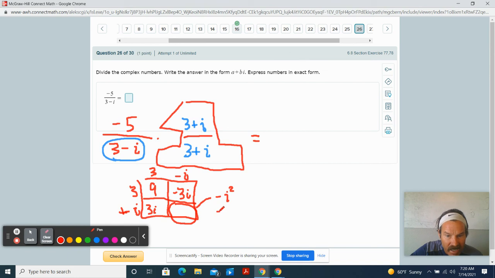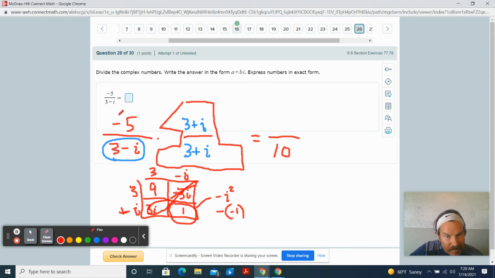What's a negative i squared then? If i squared is negative 1, what's a negative negative 1? Positive 1. So look what happens. These two go away. And then 9 plus 1 is 10. So we have 10 here.